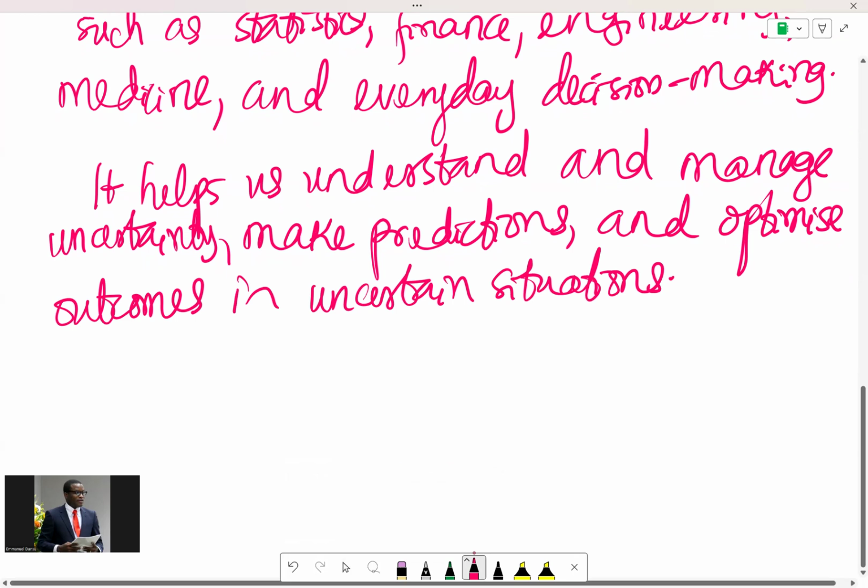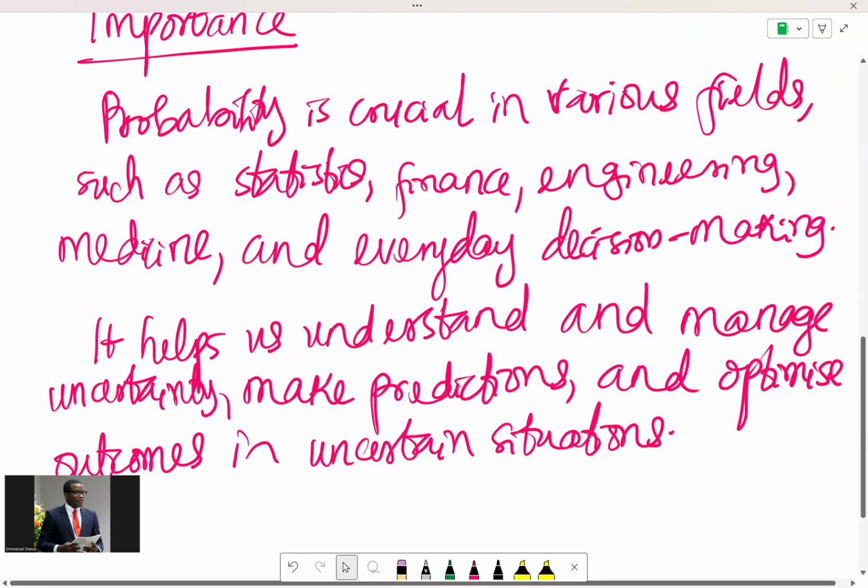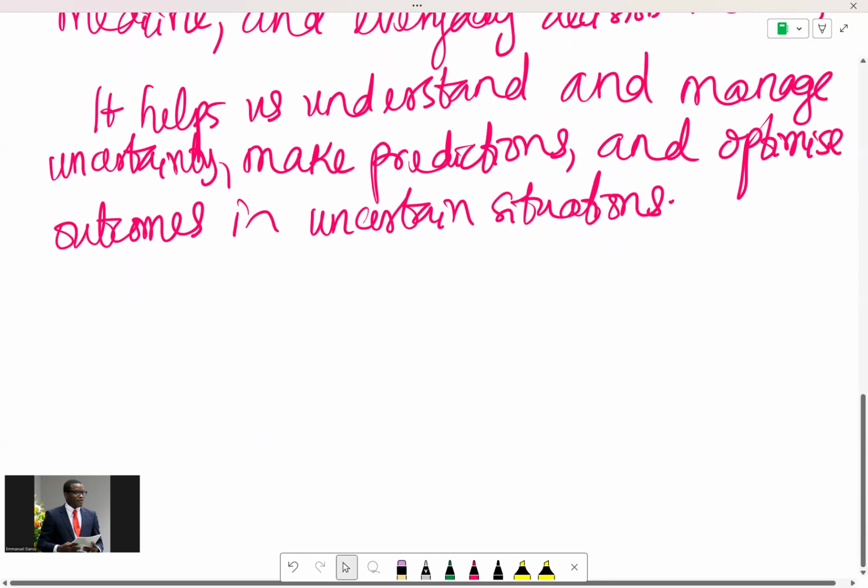This reminds me of genes and alleles, for instance. What is the probability that a parent with two dominant genes and another parent with two recessive genes, when they have children, will have what possible gene combination? So some probability can really come into that. So we can manage uncertainties like that.